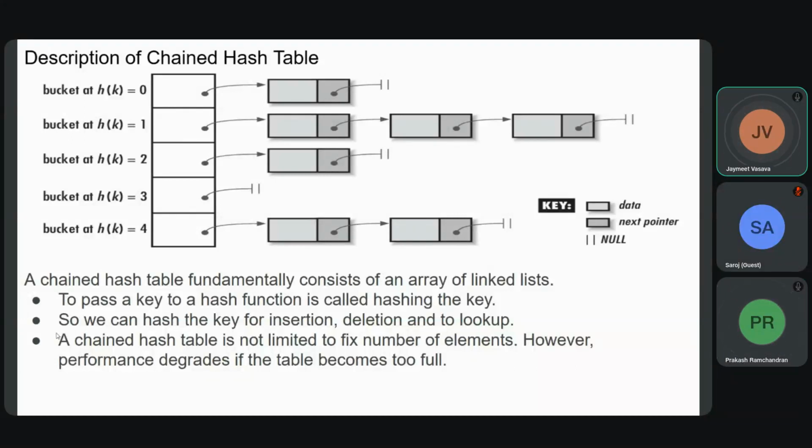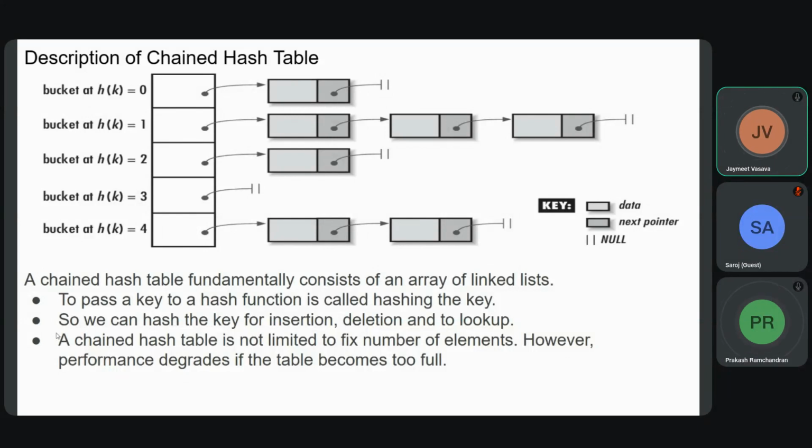So you can see that there is some function h, for which the value k goes to position 0, and that is how the array has been filled from 0 through 4, with each of the elements stored in buckets, which is a linked list.